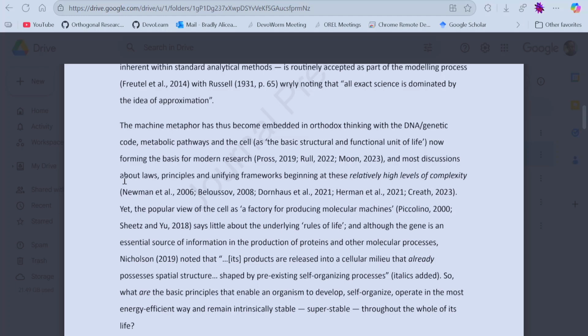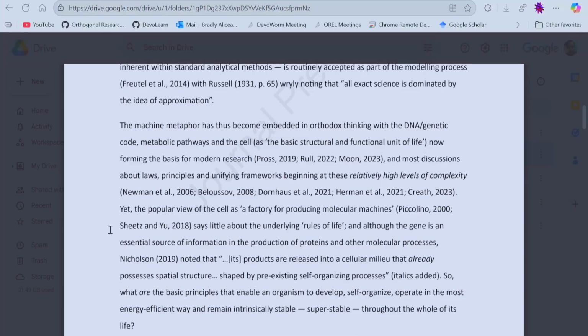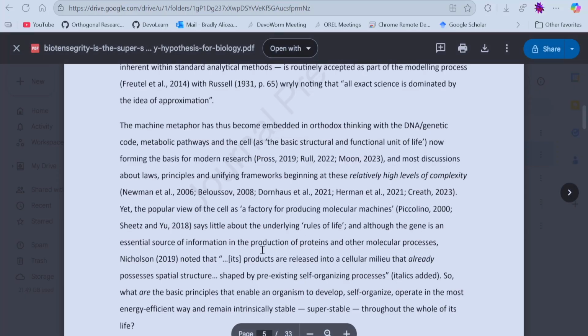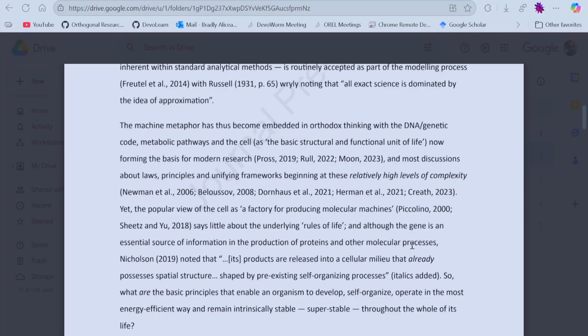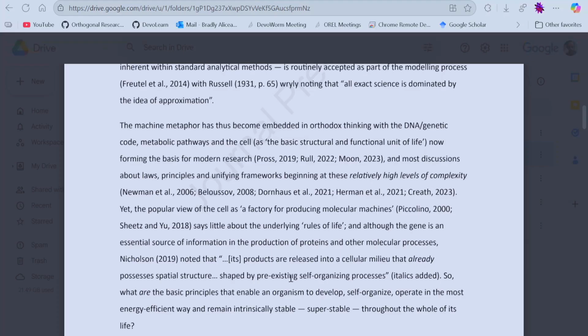And so this popular view of the cell as a factory for producing molecular machines says little about the underlying rules of life, although the gene is an essential source of information in the production of proteins and other molecular processes. Nicholson noted that its products are released into a cellular milieu that already possesses spatial structure, and this is shaped by pre-existing self-organizing processes.